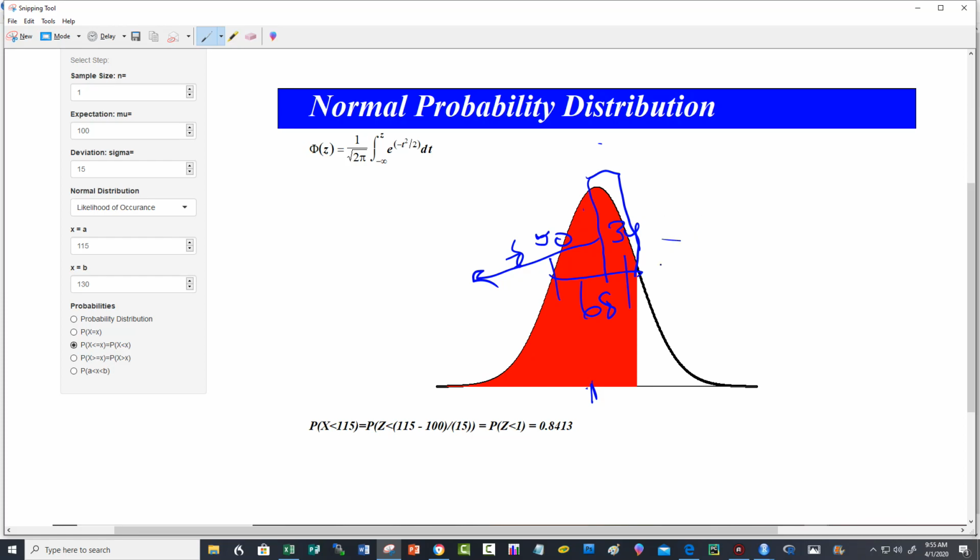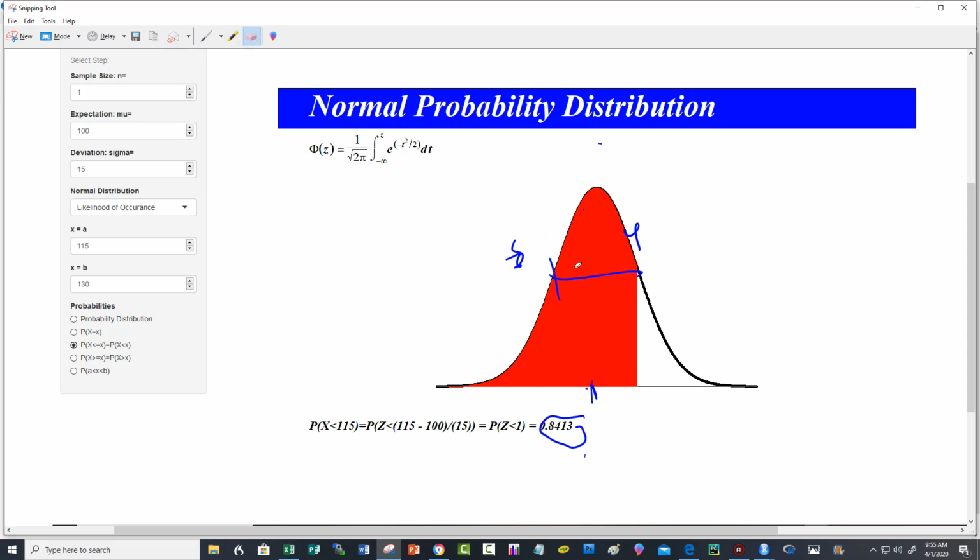And therefore we should have 84%. And so if we can standardize this, we can create one chart so that you don't have to deal with the monstrosity of a formula. So let's clean this up and redraw it pretty.